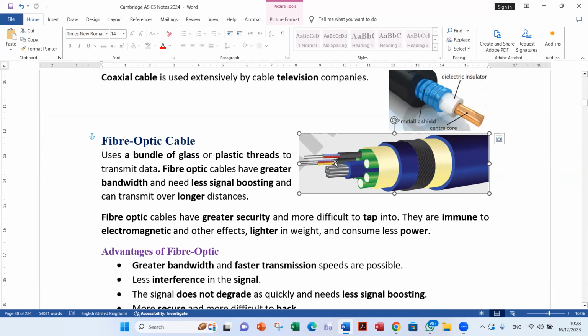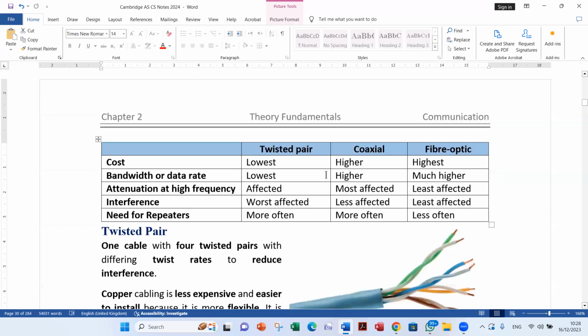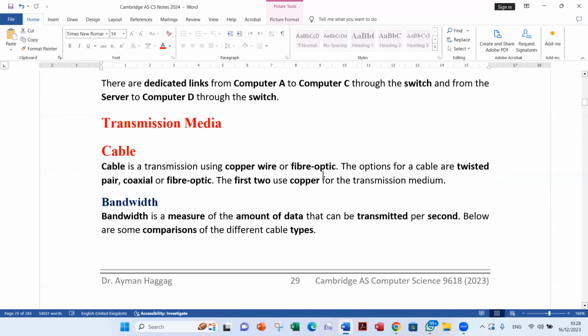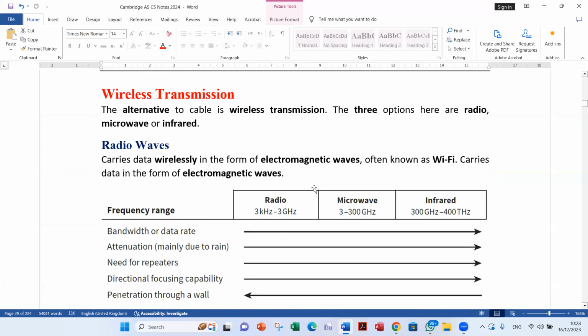And this is called fiber to the house. This is a very new technology where your internet speed is extremely fast. So let us compare between those three cable transmission media, because next we will move into wireless transmission media.